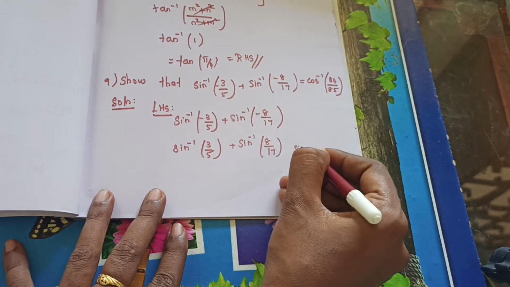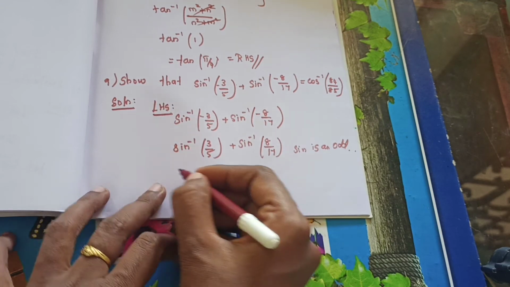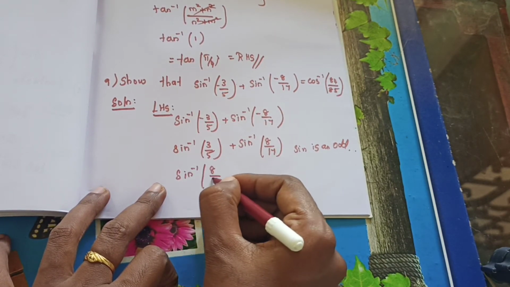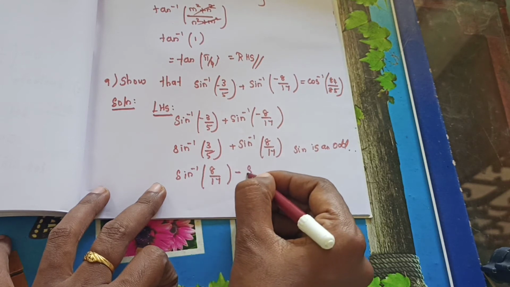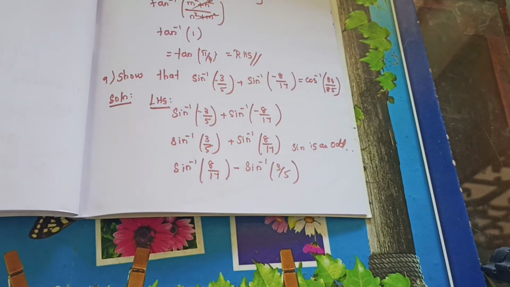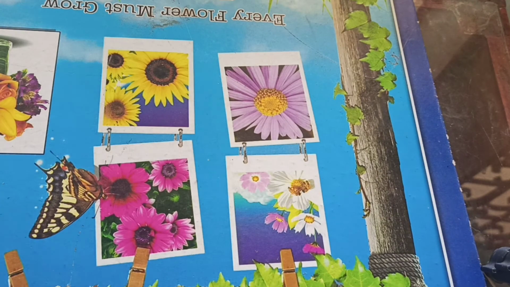The reason is sine is an odd function. Then sine inverse of, you change this to this side. So 8 by 17 minus sine inverse of 3 by 5. So it's an odd function. So only I have changed the symbol. Keep that in mind.